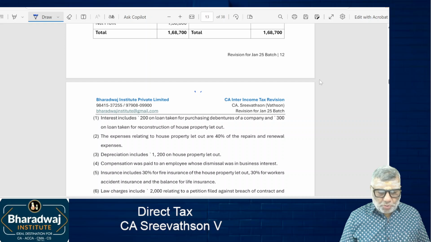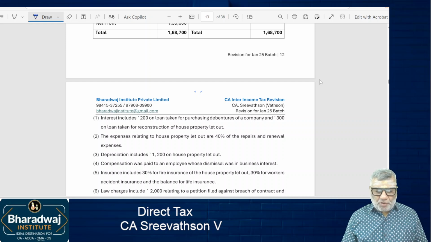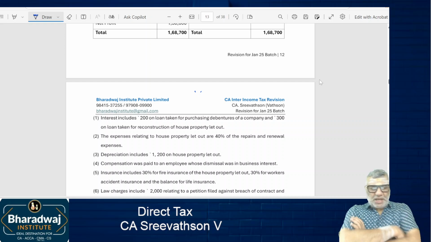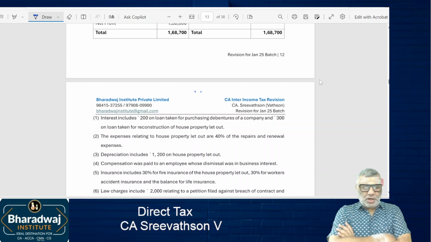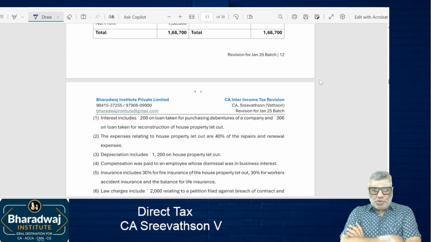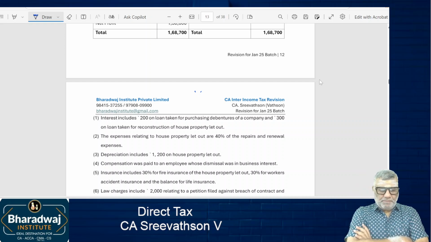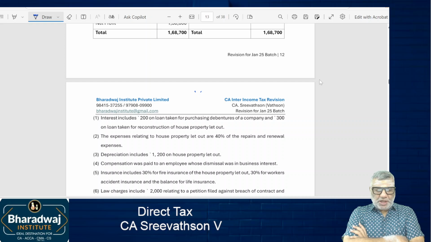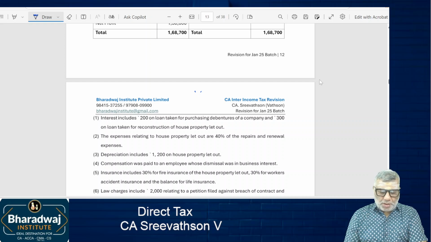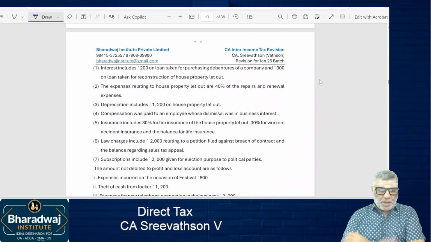Interest includes 200 on loan taken for purchasing debentures and 300 on loan taken for reconstruction of house property which has been let out. The expenses relating to house property let out are 40% of the repairs and renewal expenses. Depreciation includes 1,200 for the house property.